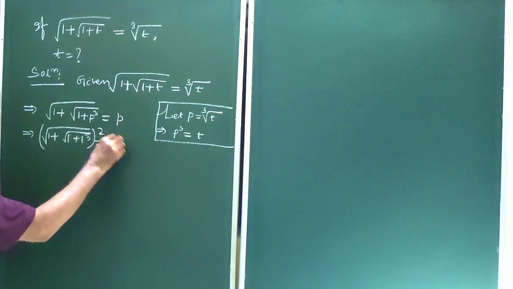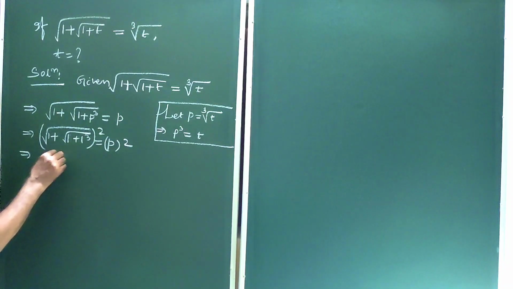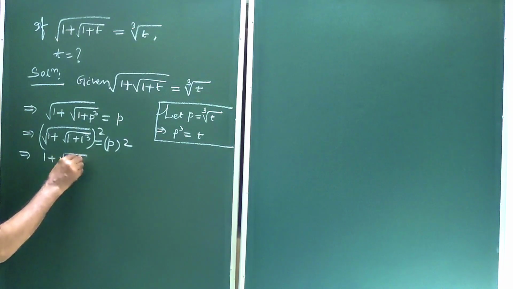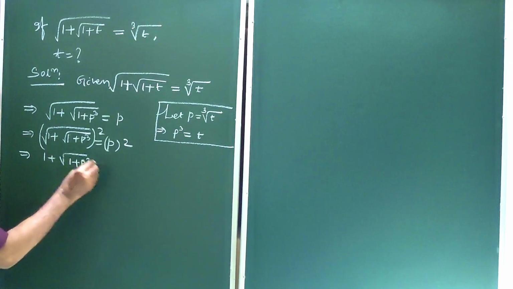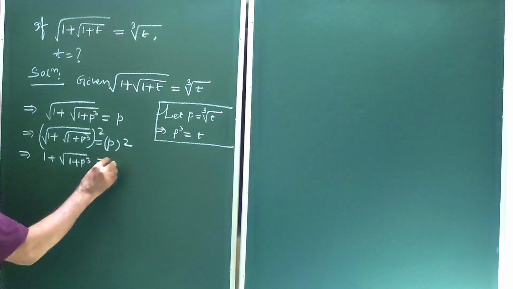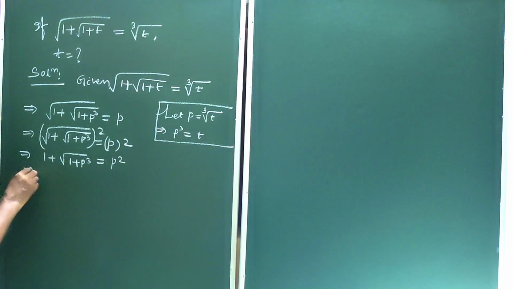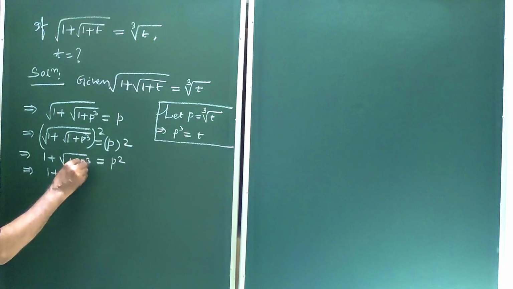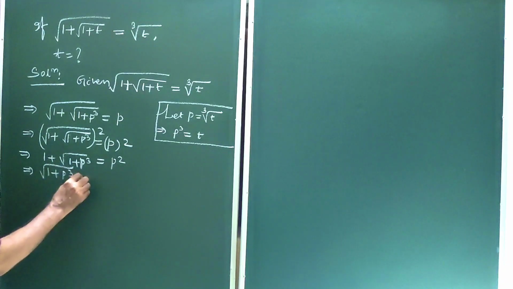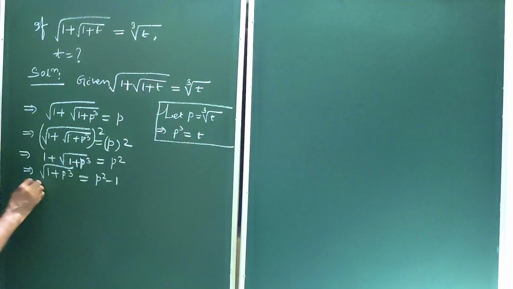Now squaring both sides, we get 1 + √(1 + p³) is equal to p². This implies √(1 + p³) is equal to p² − 1.